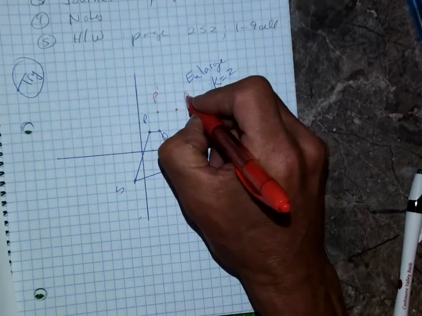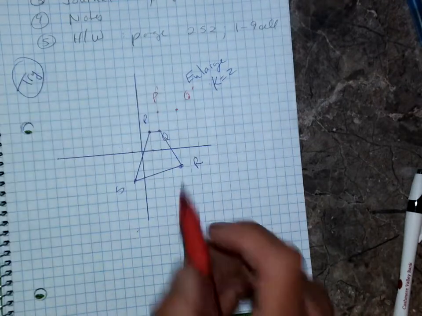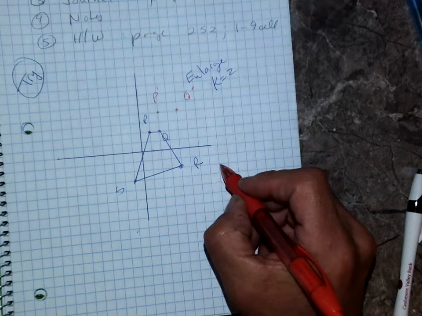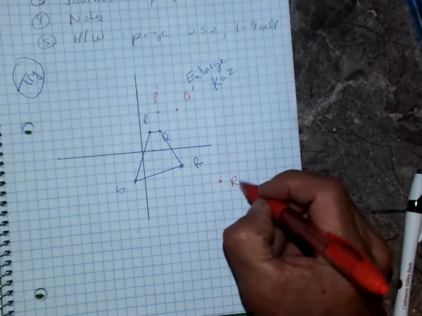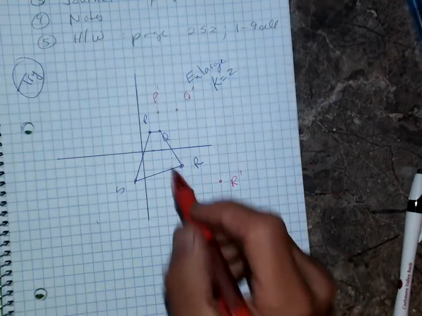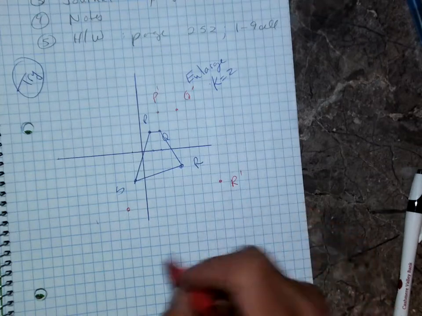That's Q prime. I'm going to go to 8, negative 4: 1, 2, 3, 4, 5, 6, 7, 8, then 1, 2, 3, 4. There's my R prime. Then finally I'll go to negative 2, negative 6: 1, 2, 1, 2, 3, 4, 5, 6. And there's my S prime.